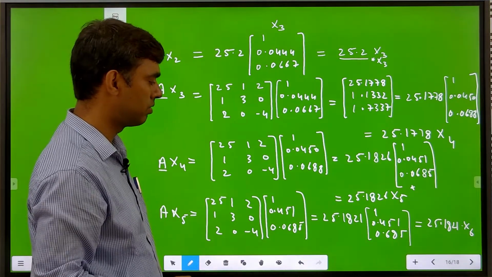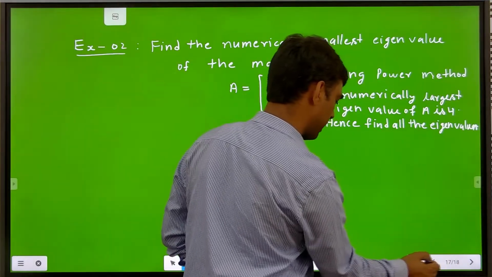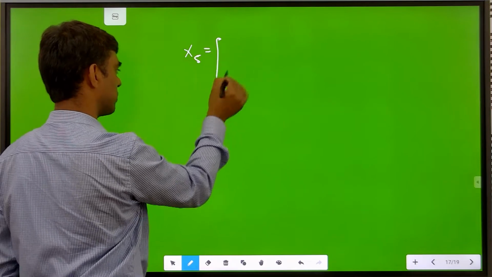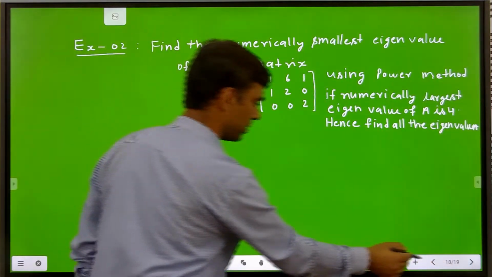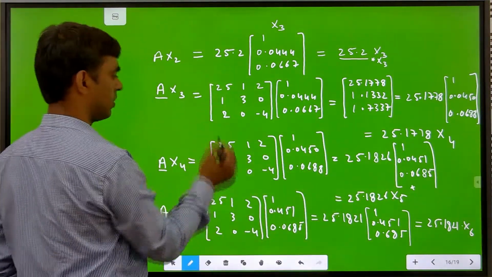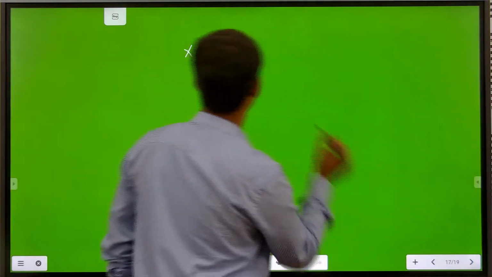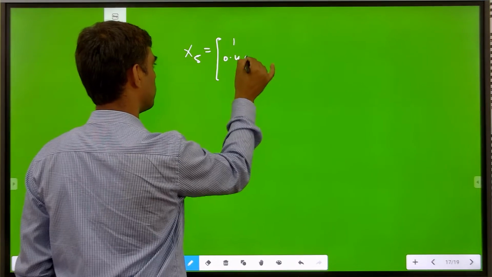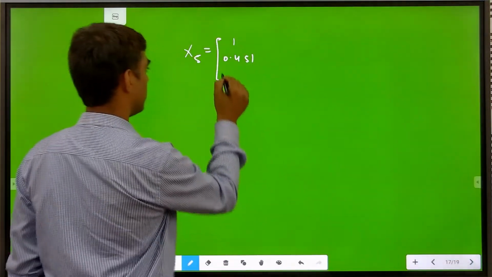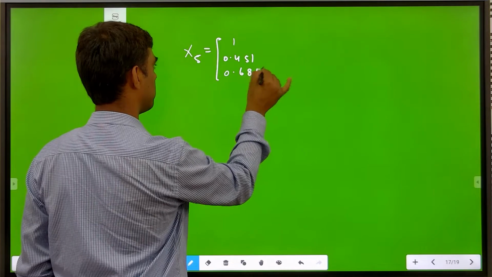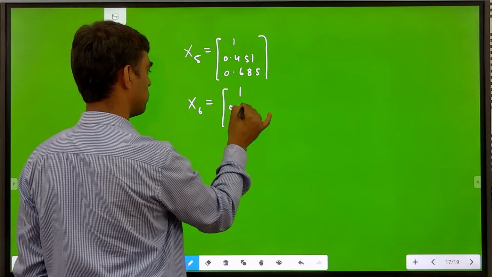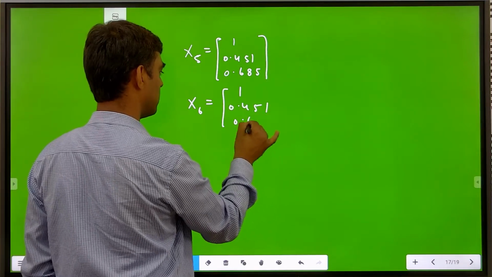If we closely observe x5 and x6: x5 becomes 1, 0.451, 0.685, and x6 also becomes 1, 0.451, 0.685.